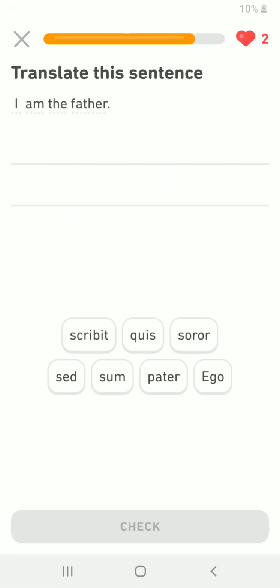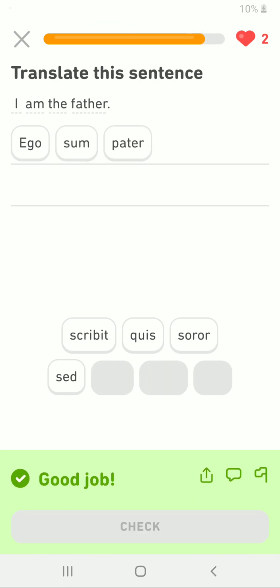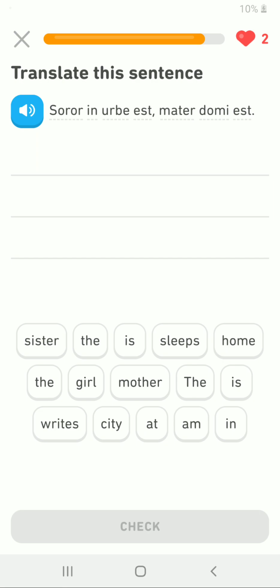All right, I am the father. Ego sum, sorry, pater. Ego sum pater. Soror in urbe est, mater domi est.